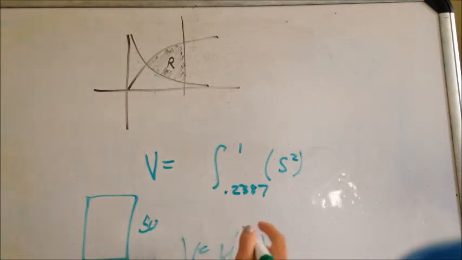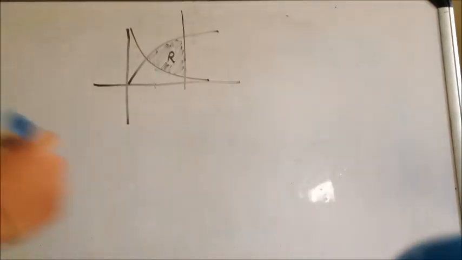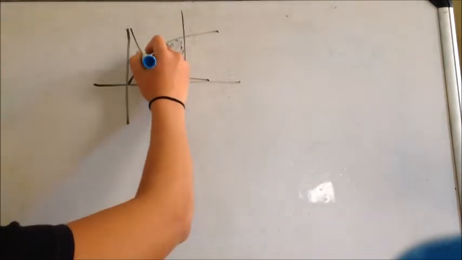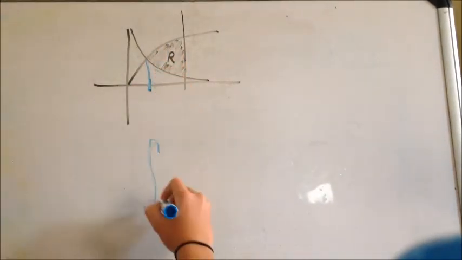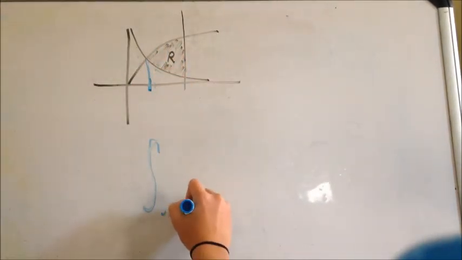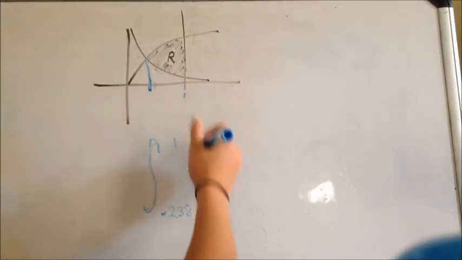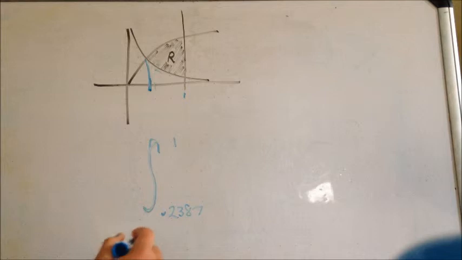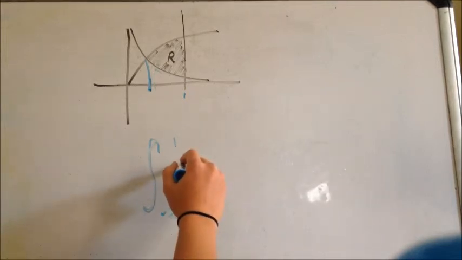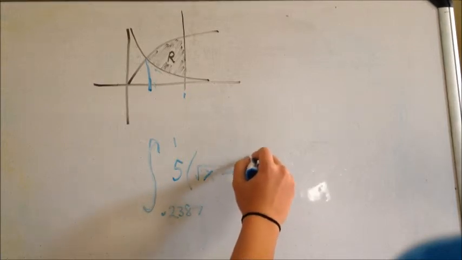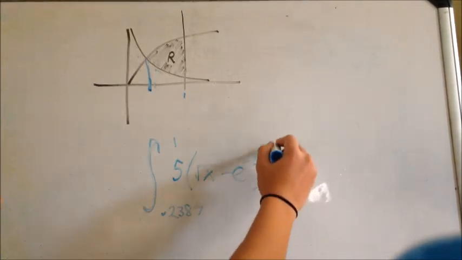So when you're setting up your cross-section integral, it's going to be the integral from that point of intersection, 0.2387 about, to 1, and it's going to be 5 times that area, which is e to the negative 3x squared.